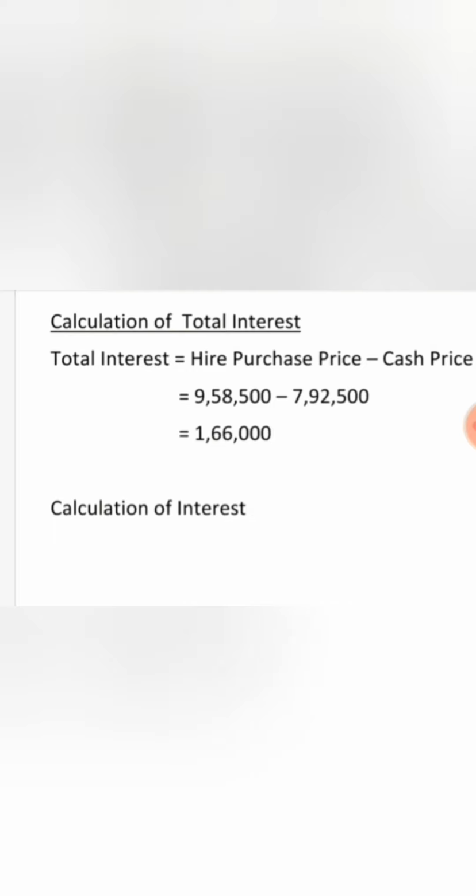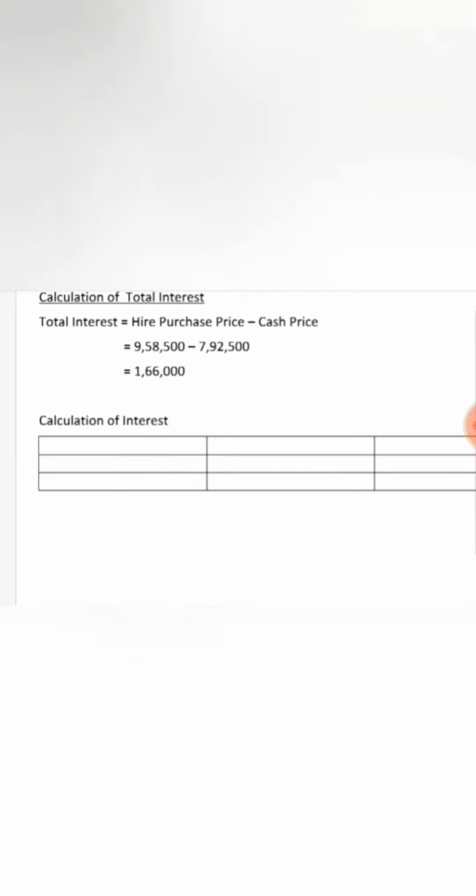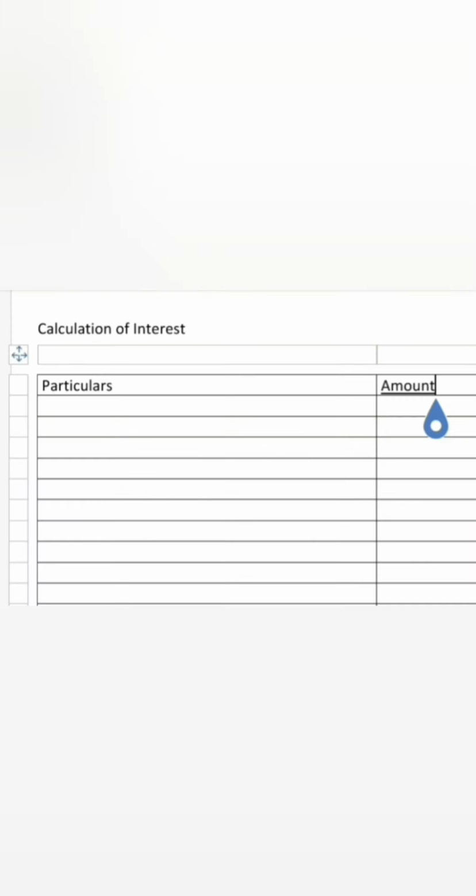Then calculation of interest for all the years. Okay, a simple particulars and amount column is required for that. So this is the technique which will be used for calculation of interest for separate years.